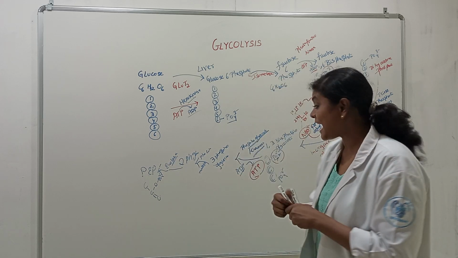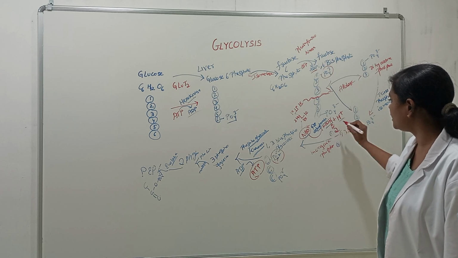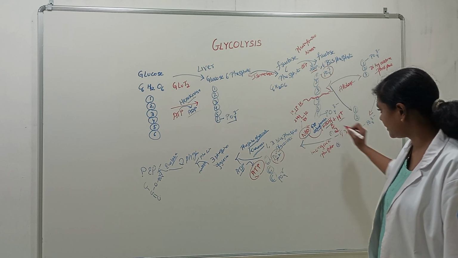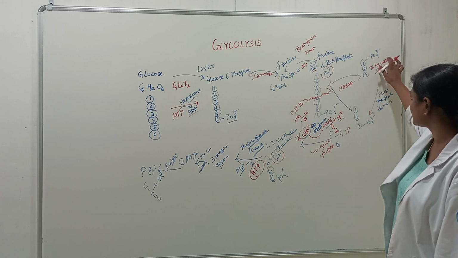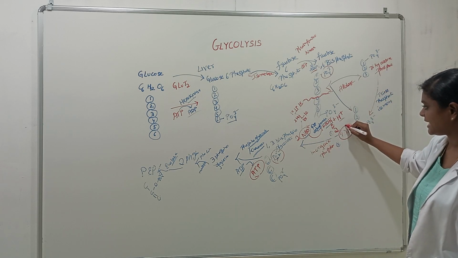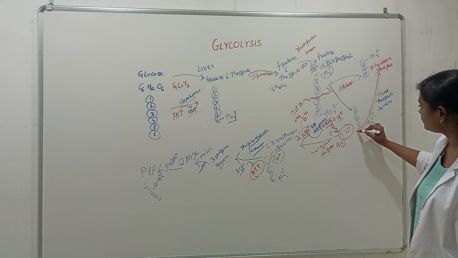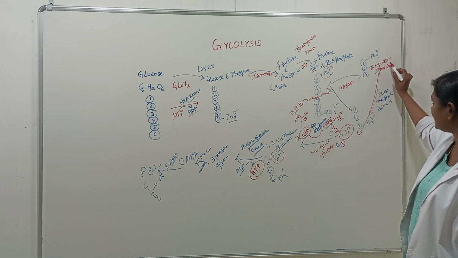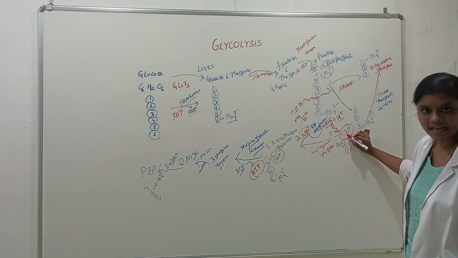Let me take you back for a while, dear students. Remember that there are 2 molecules of glyceraldehyde 3-phosphate and 2 molecules of NAD+. As I have said, one is direct glyceraldehyde 3-phosphate, and the other molecule of G3P is your dihydroxyacetone phosphate getting converted into glyceraldehyde 3-phosphate.